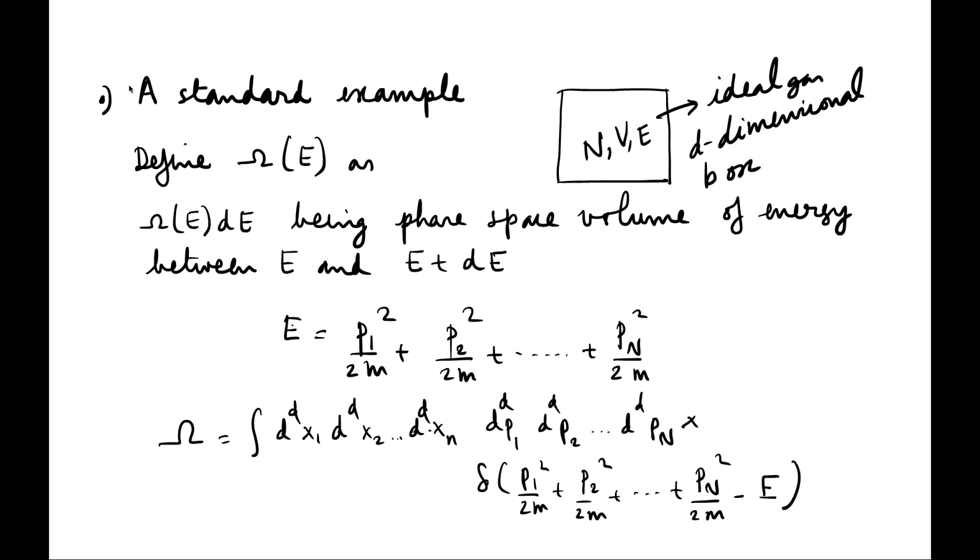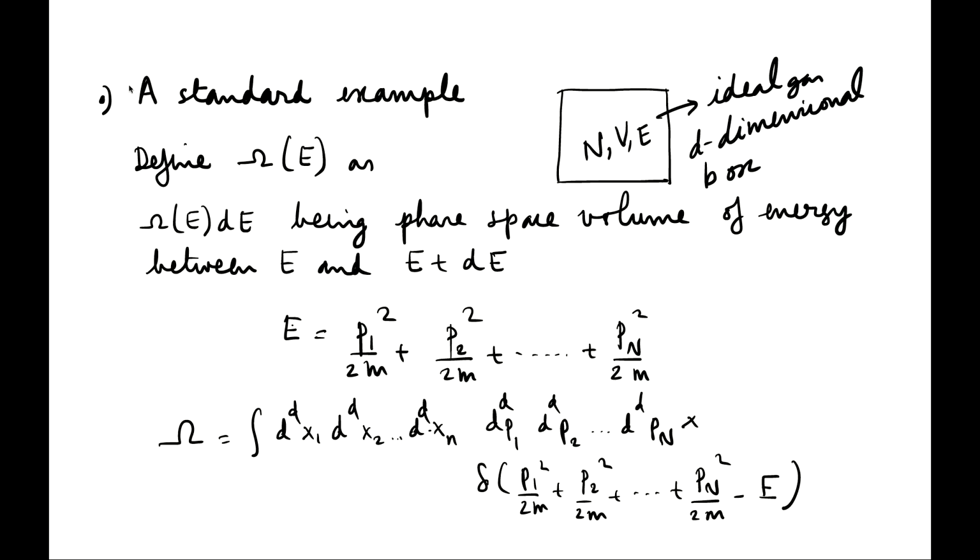Here E is a continuous variable, so I will be careful how to define the number of states. I will define the number of states corresponding to N, V, E such that omega(E) dE is the phase space volume of energy between E and E plus dE. So I look in the phase space, I look at the volume that corresponds to energy E and N and V, all three put together.